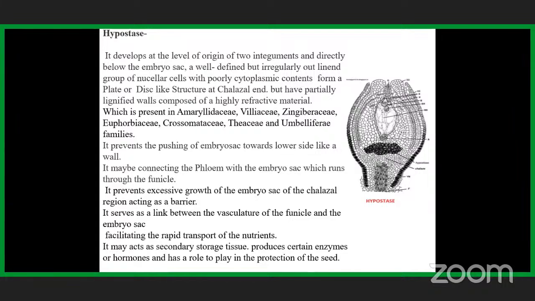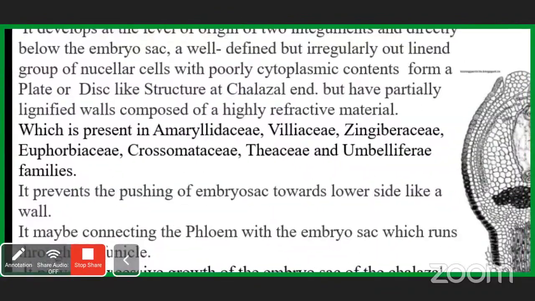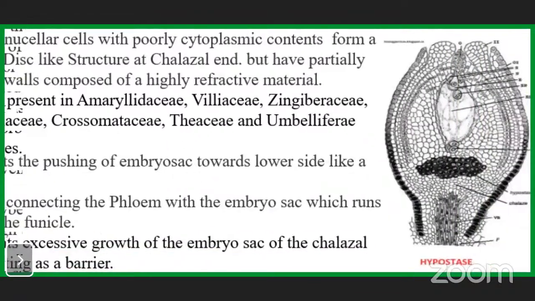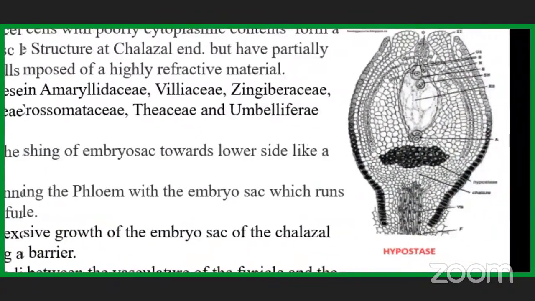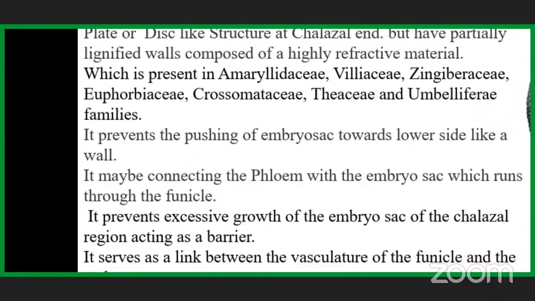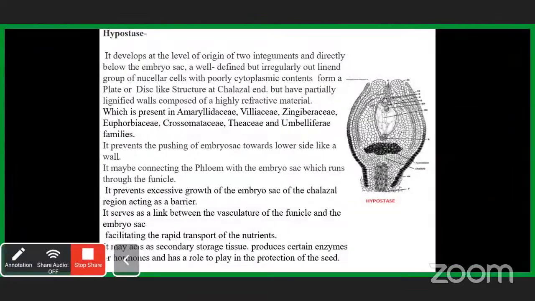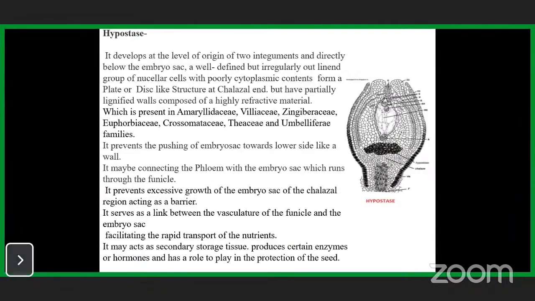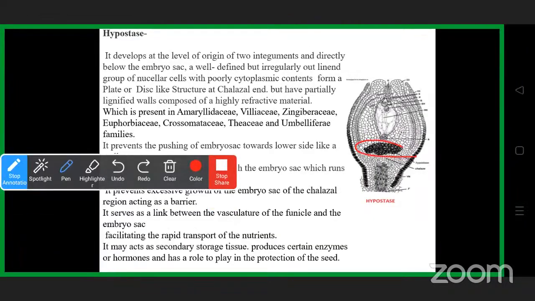And then other extra structures are hypostase and epistase. Here you can see the hypostase, which is there in Amaryllidaceae, Liliaceae, Zingiberaceae. It is a basal structure just below the embryo sac, which prevents the embryo sac from penetrating downward. It gives a stable position to the embryo sac.